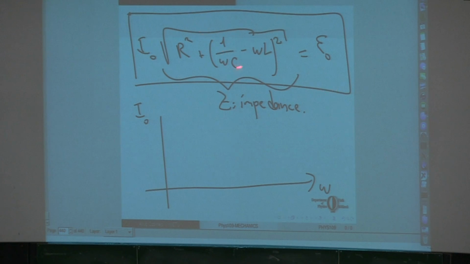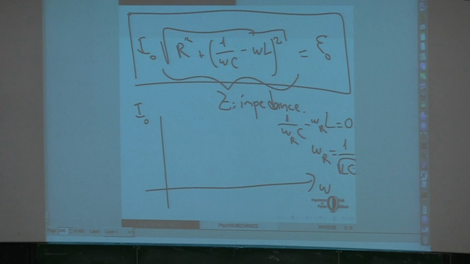You are just playing with omega, with the frequency. Now, if you change omega, there will be a value of omega in which this quantity is 0. And this so-called resonant frequency is 1 over square root of LC.